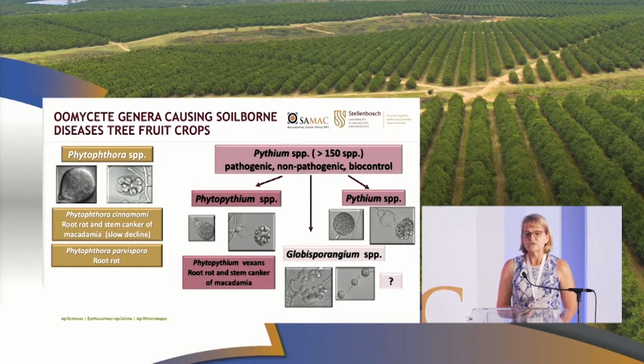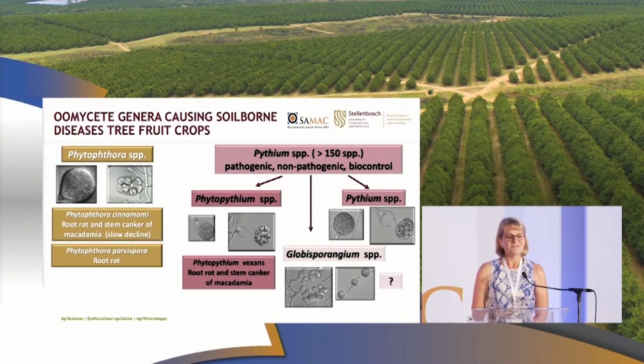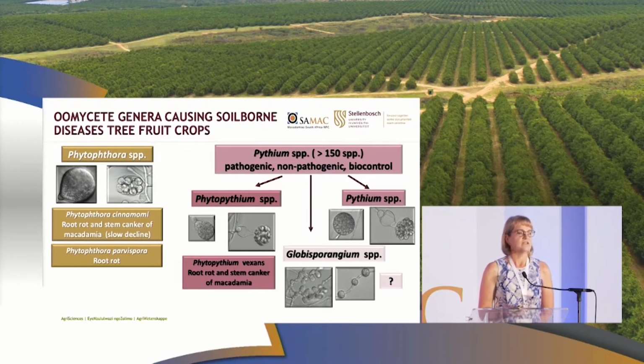At this stage also, we know that the genera other than Phytophthora are damaging to seedlings in the nursery and to very young trees. We are not sure what the effect is on orchard mature trees, bearing trees, but important on small and young trees, they can be damaging.